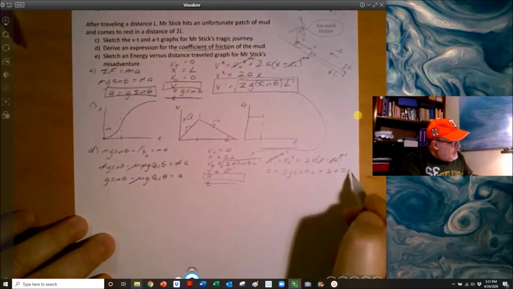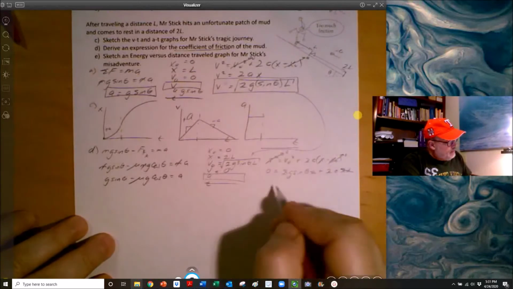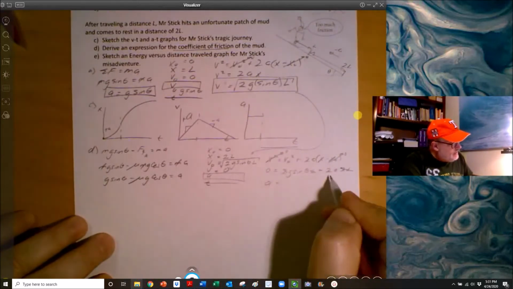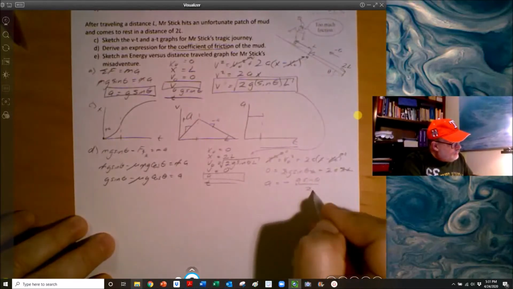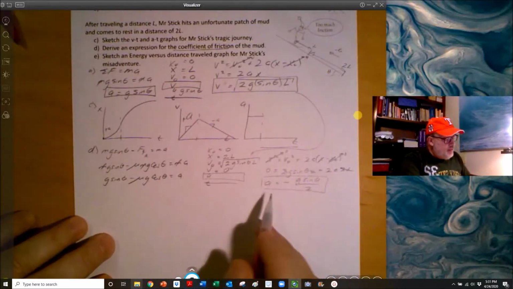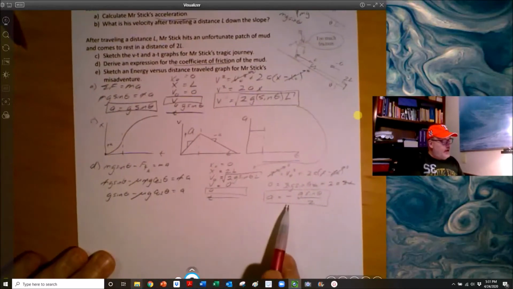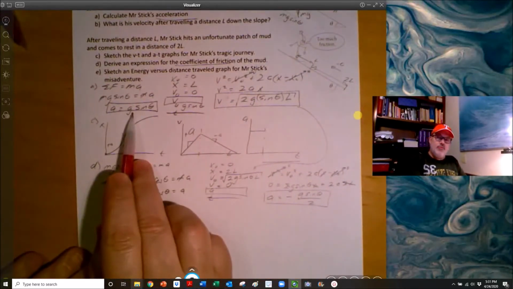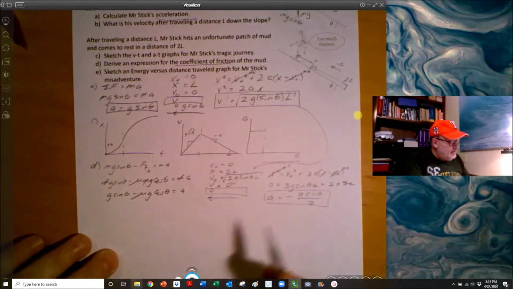So the 2L here and the 2L over here cancel out, and I'm left with an acceleration that's negative g sine theta over 2. Hey, that makes sense. Look, he traveled twice as far. He now has half the acceleration he had before in the opposite direction in order to bring him to rest in twice the distance. Okay, well that makes sense.